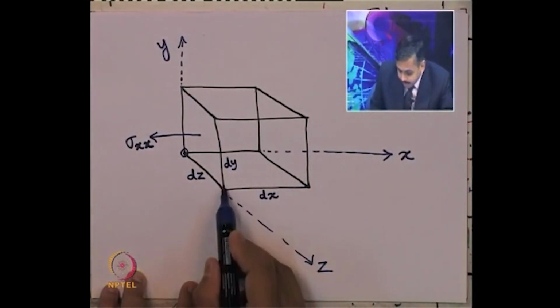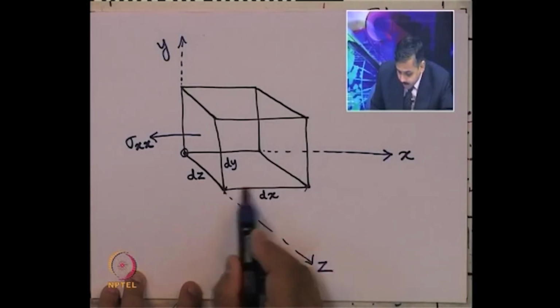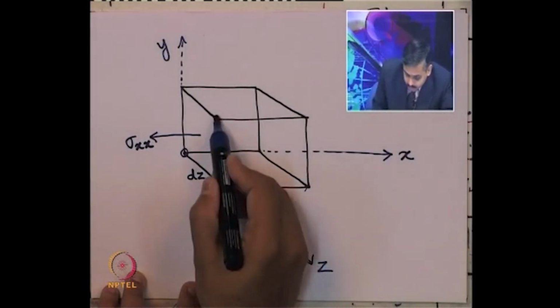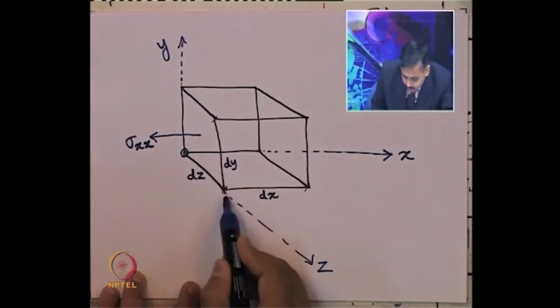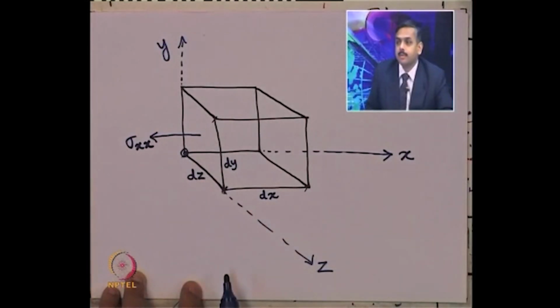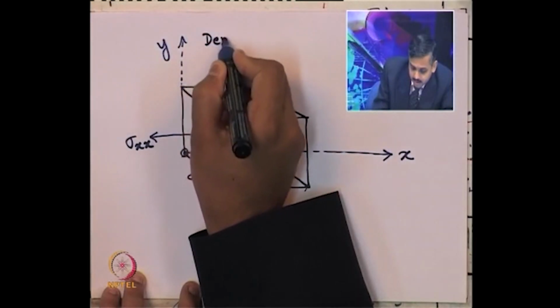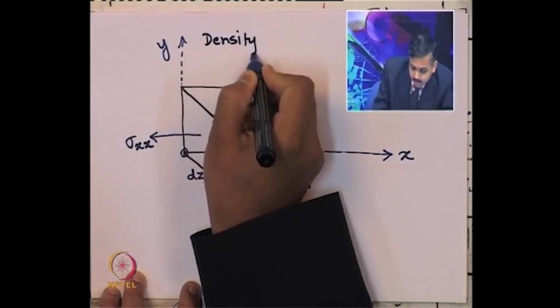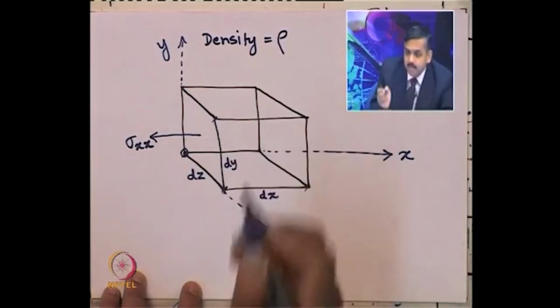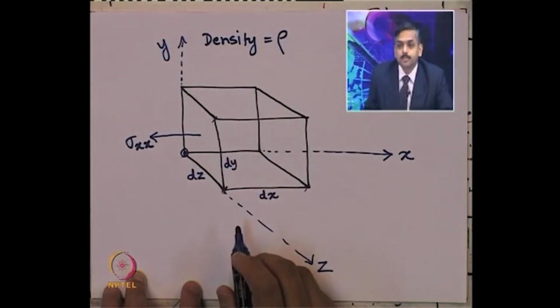Okay. So, this to this is dx, this to this is dy, and this to this is dz. Fine. These are the dimensions of the material, and let us say the density of the material is known as rho. Okay.